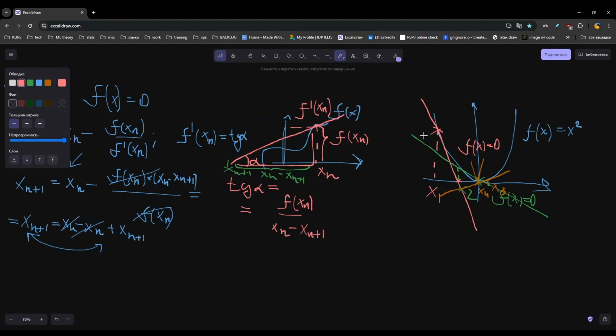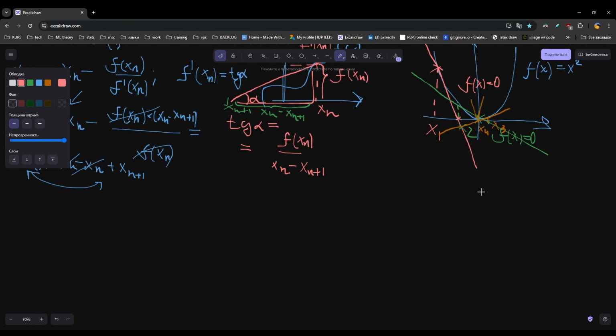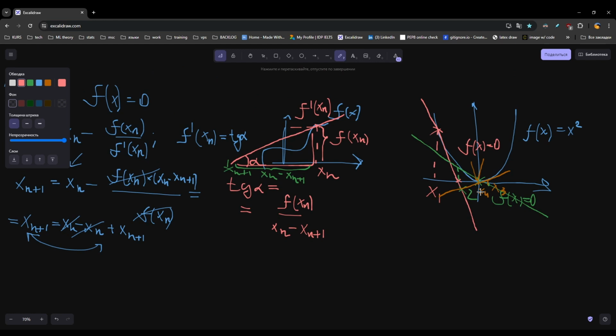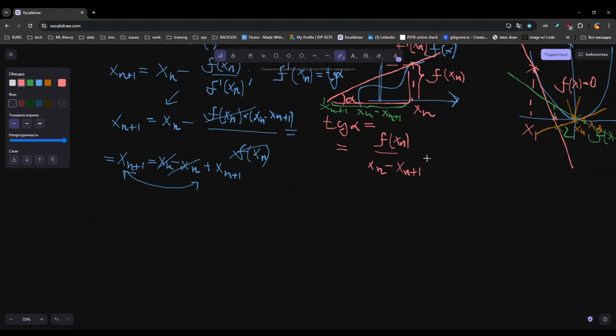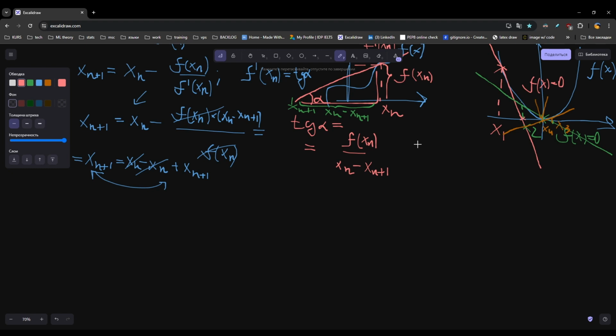So this is pretty much the intuition behind this method. There is also a great animation on the Wikipedia page regarding Newton's method, so I very much encourage you to check it out. So how does it actually apply to the Sqrt problem on Leetcode?